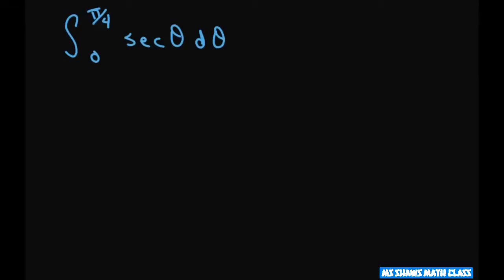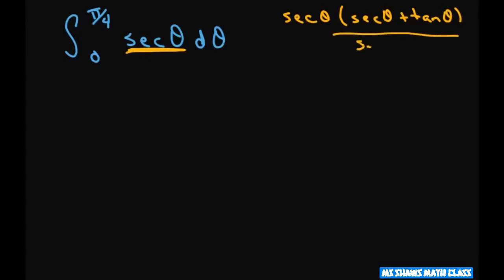Now, let's evaluate. And again, I already did a video on how to do this one. You're merely going to take secant of theta and multiply it by secant theta plus tan of theta divided by secant theta plus tan of theta. Simplify that and do substitution.